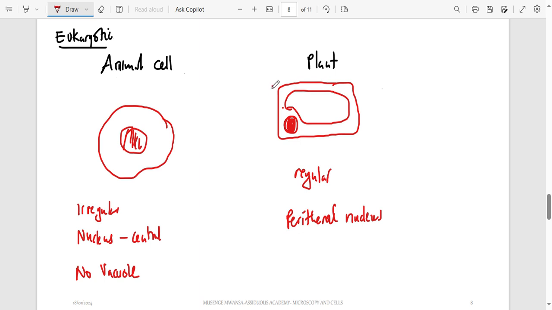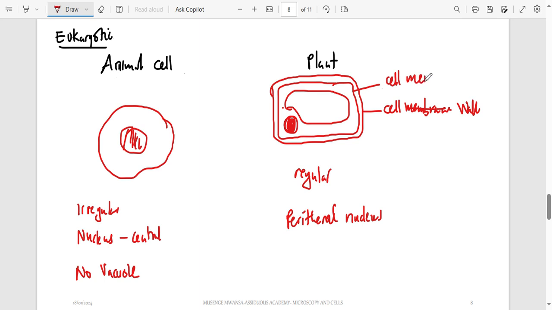Another important thing is that a plant cell is going to have two layers. The outermost is the cell wall, and the one which is inside is the cell membrane.